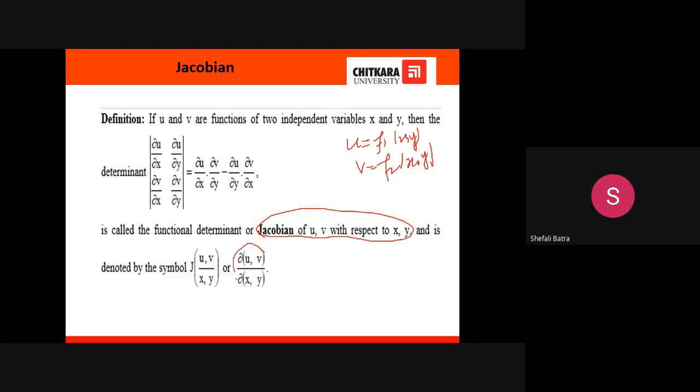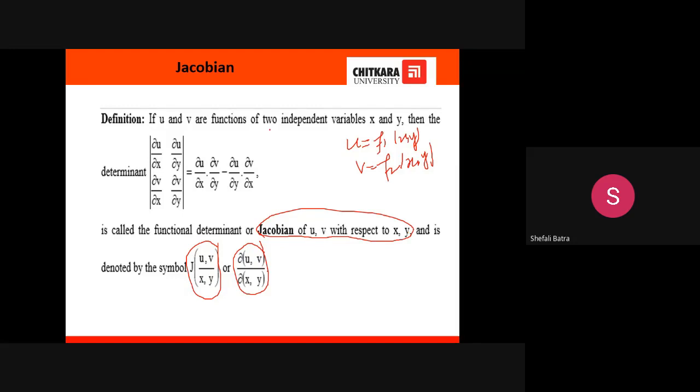So either you can represent Jacobian with this or this, and it is defined by the determinant: curly u by curly x, curly u by curly y, curly v by curly x, and curly v by curly y. The value of this determinant is known as the Jacobian of u, v with respect to x and y.